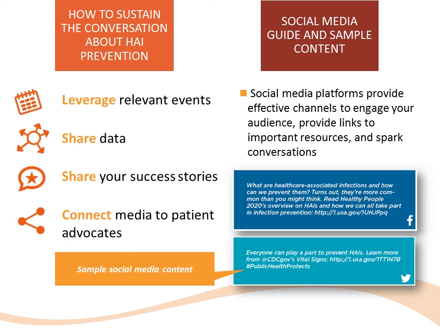Another section of the toolkit really focuses on how do you think through several different ways to amplify the story and to get more people engaged and really get more coverage outside of those episodic moments in time.